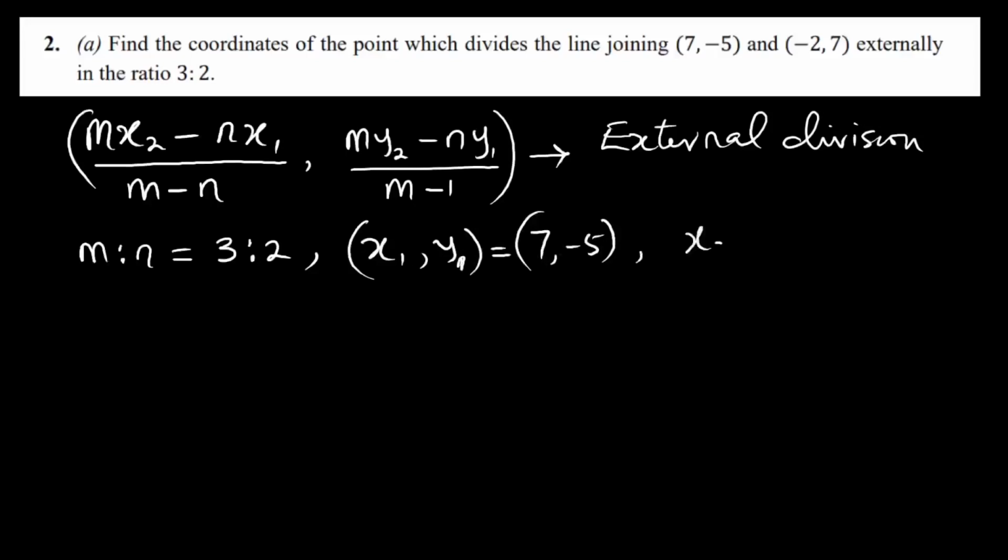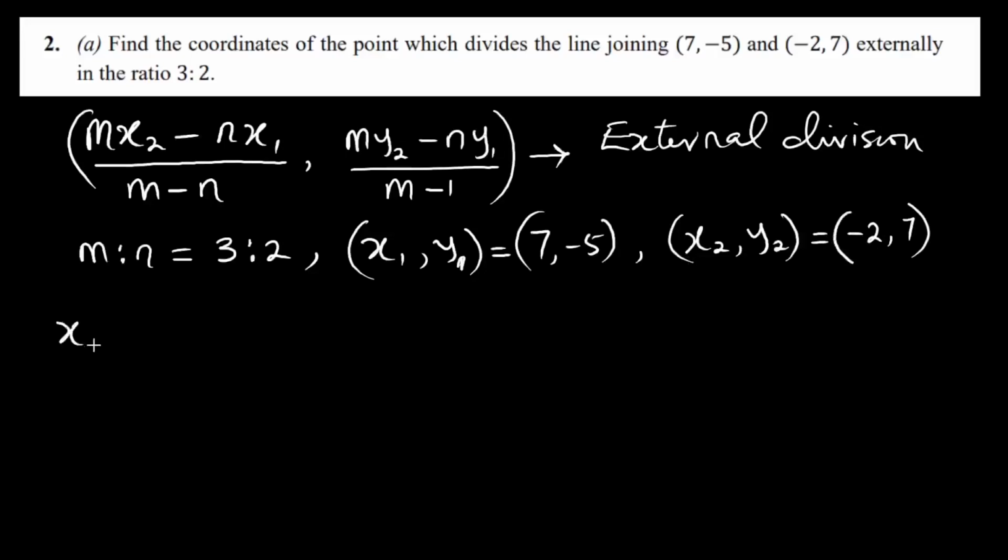Then x2, y2 is given as -2, 7. Now that we know all our parameters, let us find the coordinates of the point for the division.